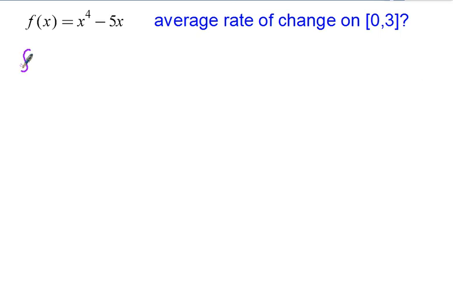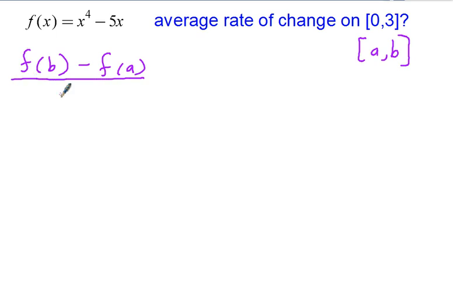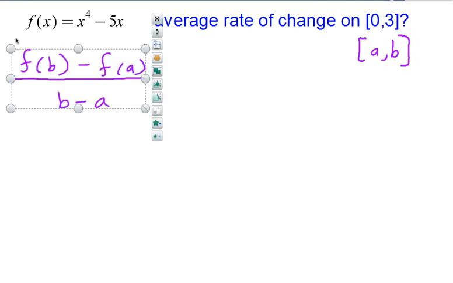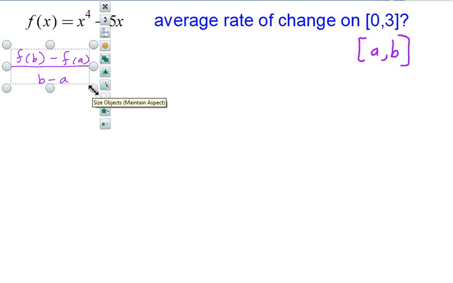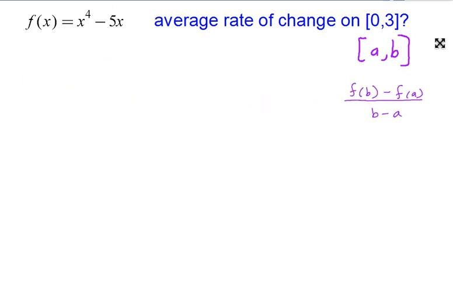The average rate of change in general on an interval AB is the difference in the outputs divided by the difference in the inputs. Okay, so algebraically, that's the framework that we're going to be working from. Maybe I'll keep that off to the side so that you can see what it is that I'm doing with that.